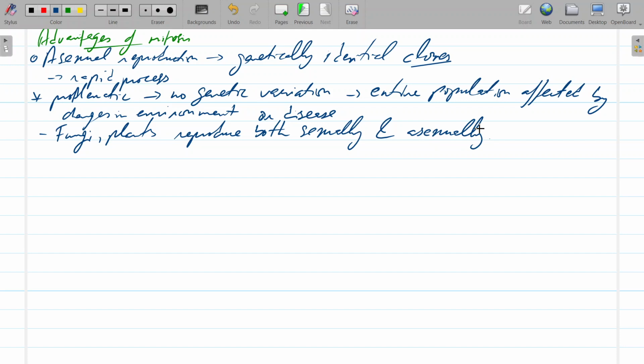And lastly, they talk about something called the mitotic index. So this, as they mention, is a measure of how actively cells of a tissue are dividing.